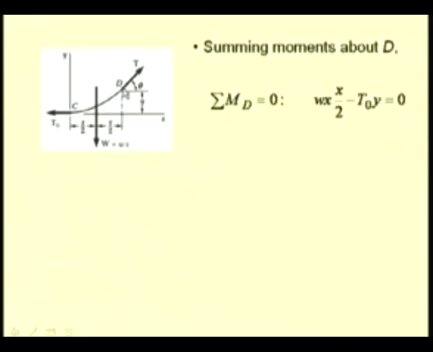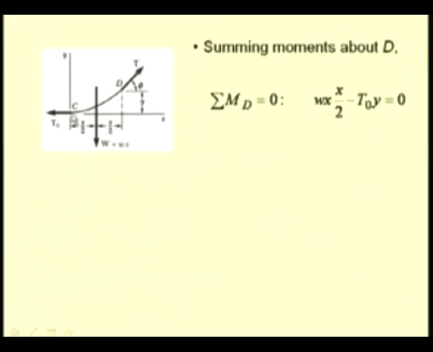Now, let us sum the moments of these forces about this point D. We have this vertical force Wx having a moment arm of x by 2, which causes a counterclockwise moment. So, it is positive: Wx into x by 2.